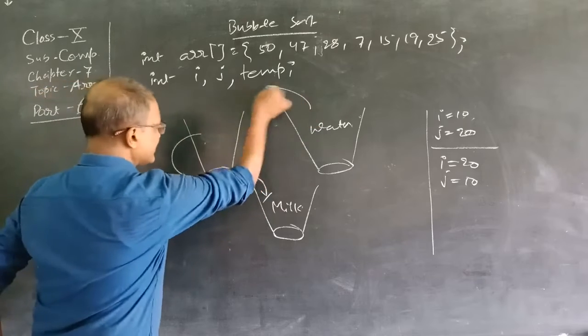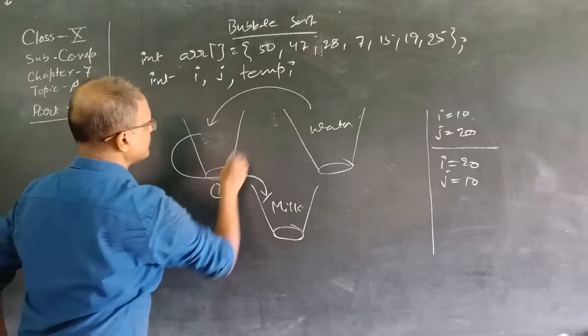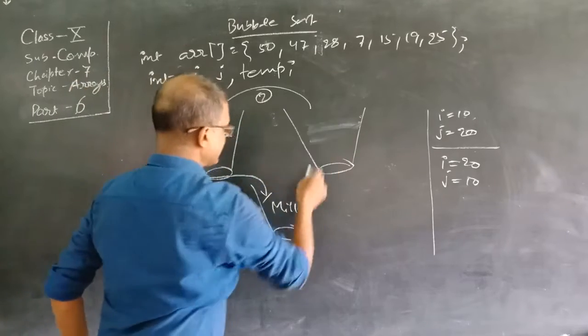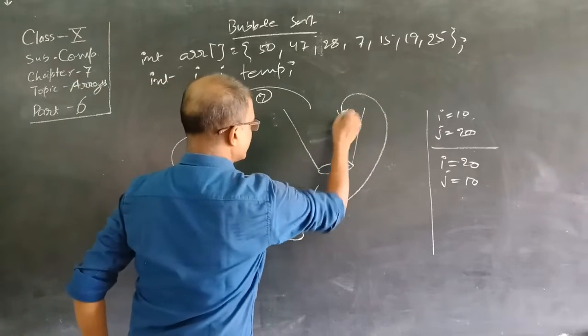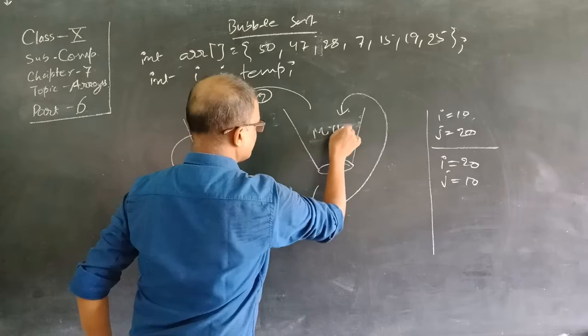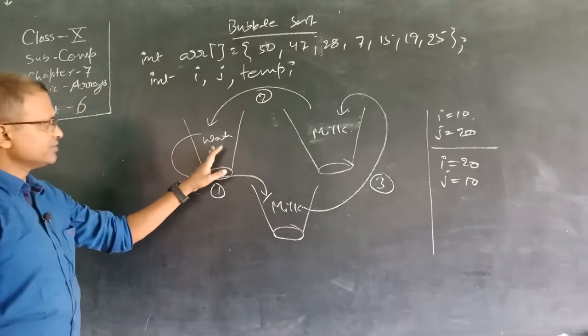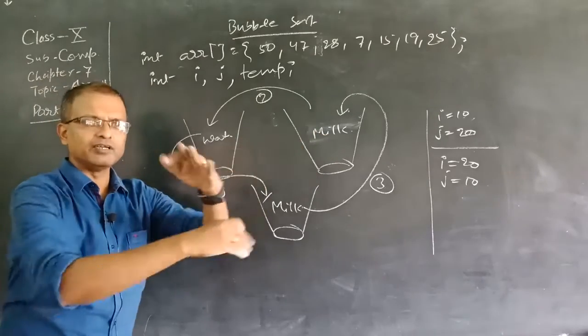Second, you will put the water in the first glass. This is the first step, this is the second step. And then finally the milk will be put in the other glass. This is the third step. Now water is in this glass and milk is in that glass, these two have been interchanged.